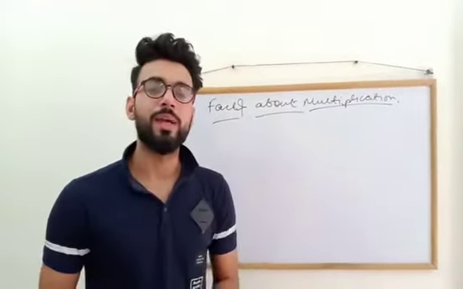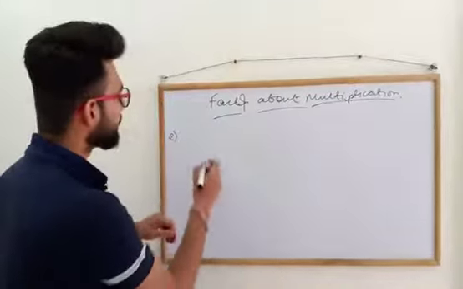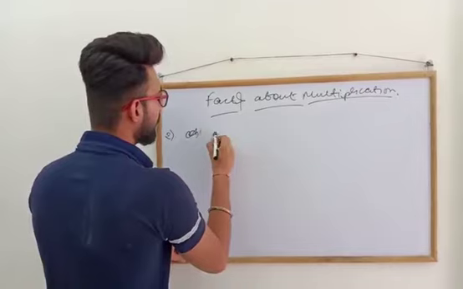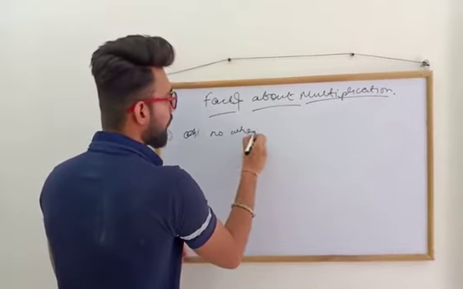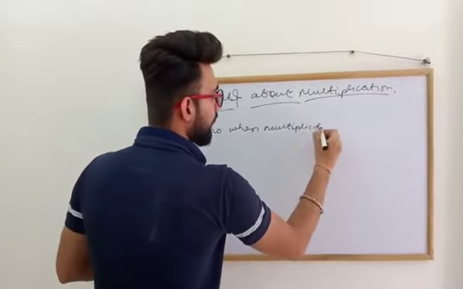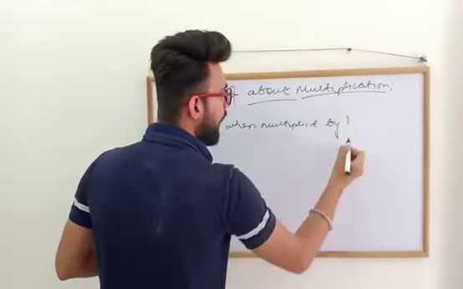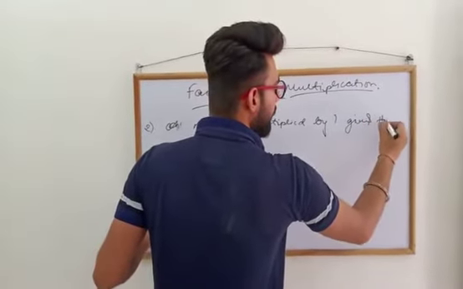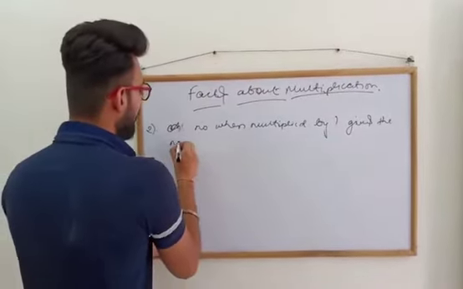So moving on to fact number 2, that is a number when multiplied by 1 gives the number itself.